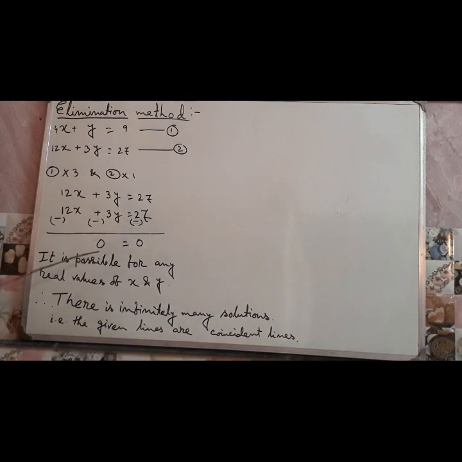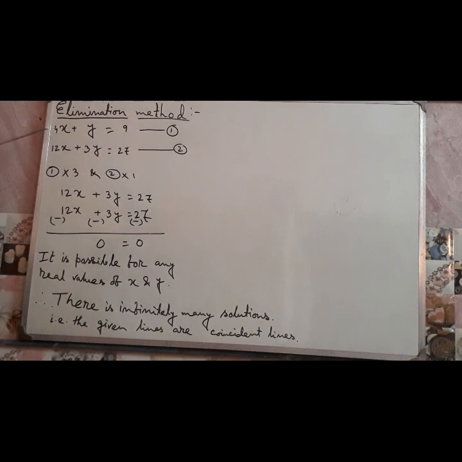By subtracting, all the terms vanish, that is 0 is equal to 0. It is possible for all real values of x and y. So there are infinitely many solutions. That means the given lines are coincident lines.